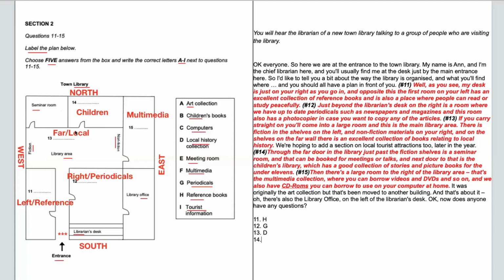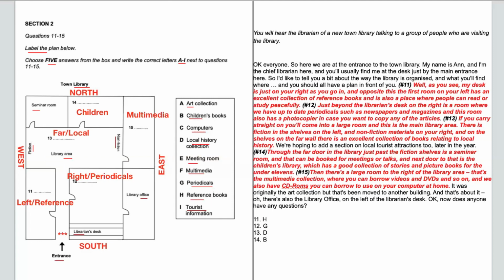And then the next door to that, which would be this here, is the children's library. And so children was, again, another key word, not books, but children. And she says this has a good collection of stories and picture books for under 11. So we can go ahead and put B for number 14.